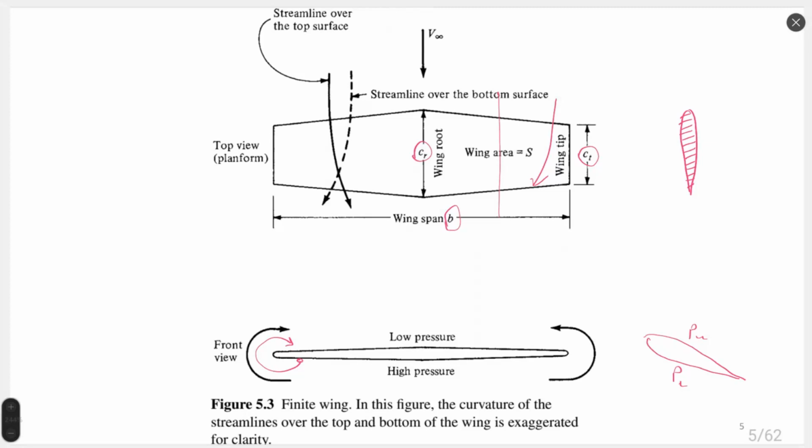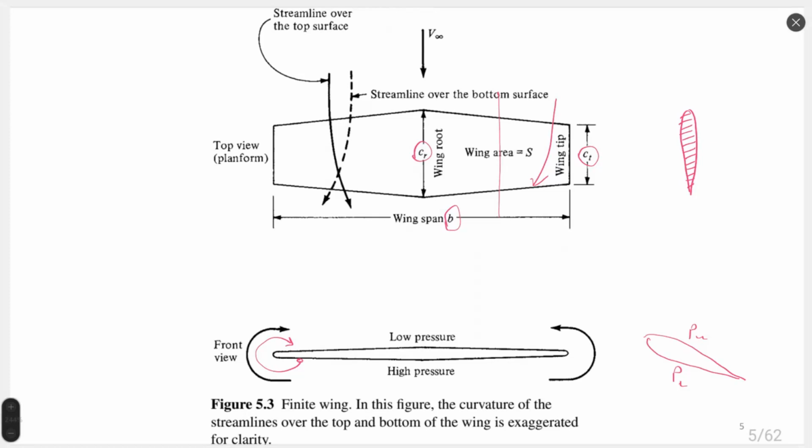There is such a movement of streamlines, which you can see in the upper part of figure 3. The streamline on the bottom surface moves more to the external side of the wing, and the streamline on the top surface moves to the center of the wing because of the different velocity directions.